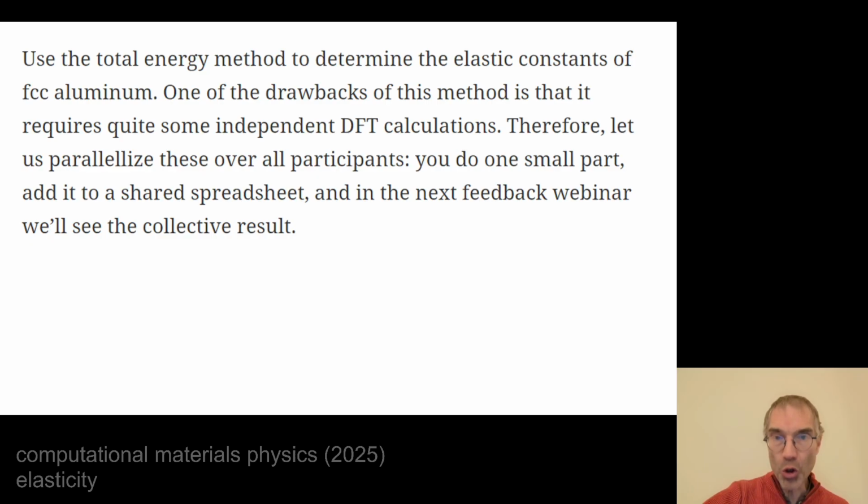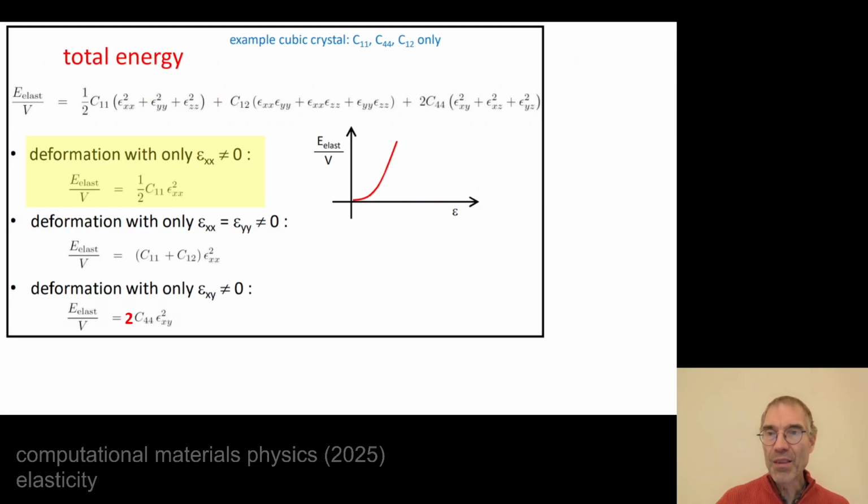Now, it was optional to work with the stress tensor method. I asked you explicitly to use the total energy method to calculate a few elastic constants of FCC aluminum. And we have here the recipes that we needed to follow for this.